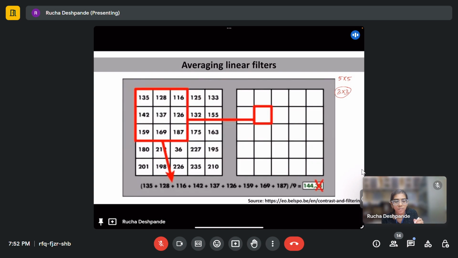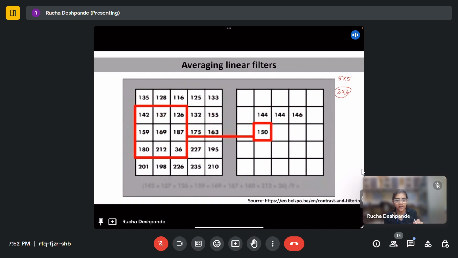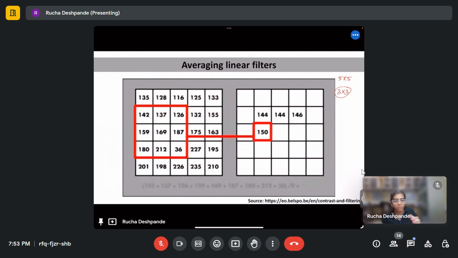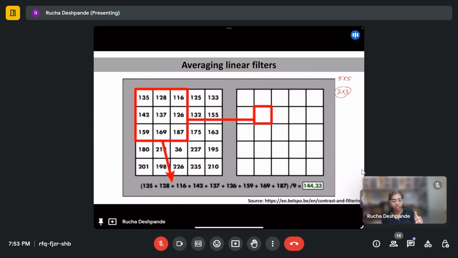The output image will only have 3 cross 3 dimensions, because for the edges this filter cannot be applied. This will create a smoothing effect in the image, because the values are becoming more uniform. 137, 126, 132, and then the output is more uniform. It's 144, 144, 146, and so on.